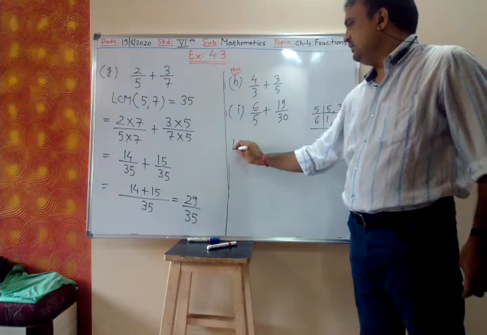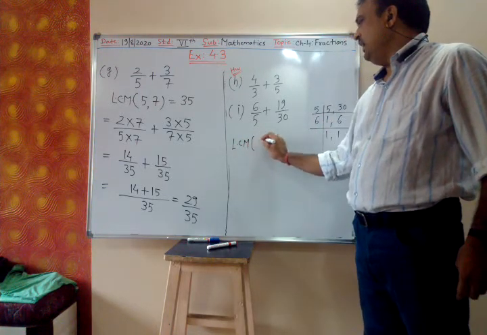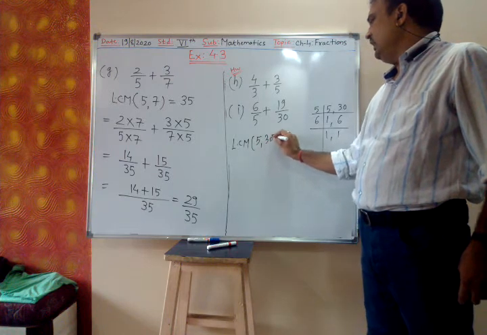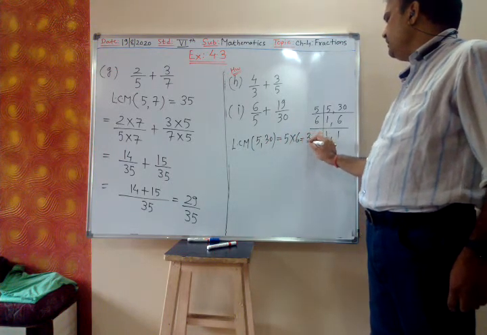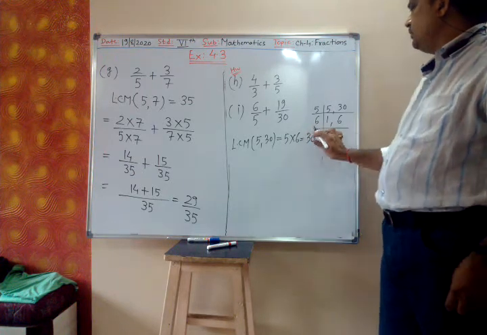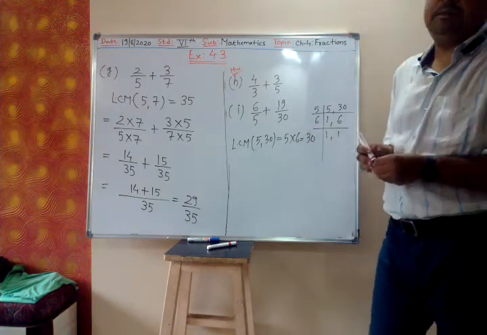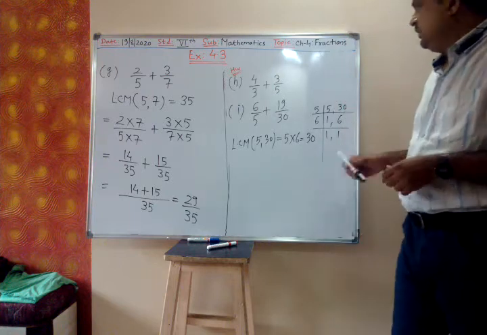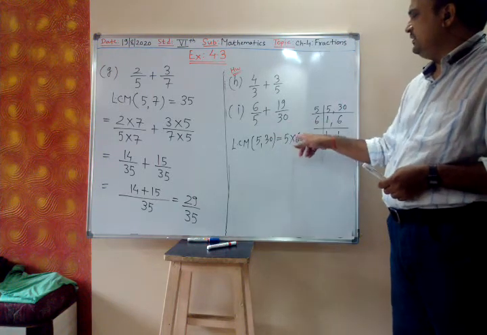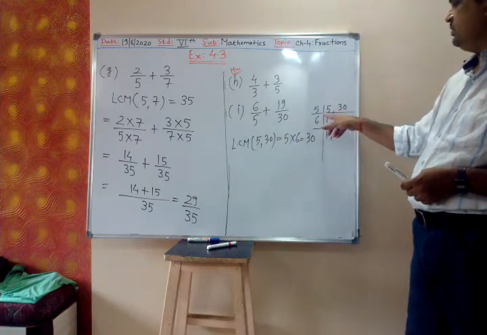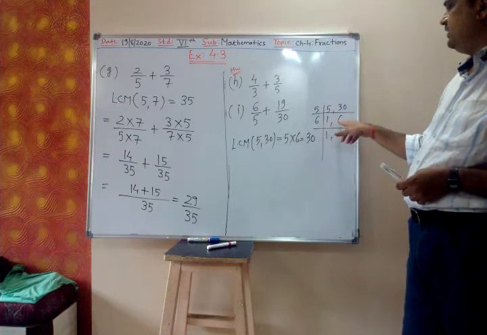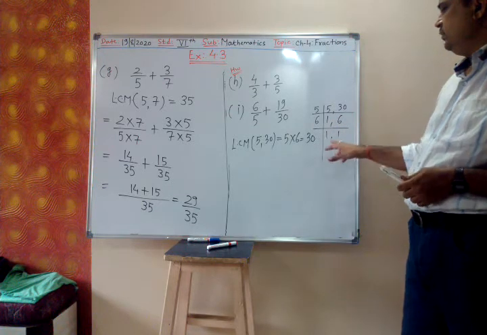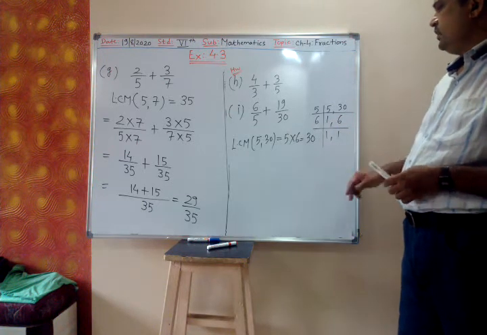So the LCM of 5 and 30 is 5 into 6, that is 30. Using the division method you can find it: 5 30, 5 1 ja 5, 5 6 ja 30, 6 1 ja 6, 1 1 is to stop.